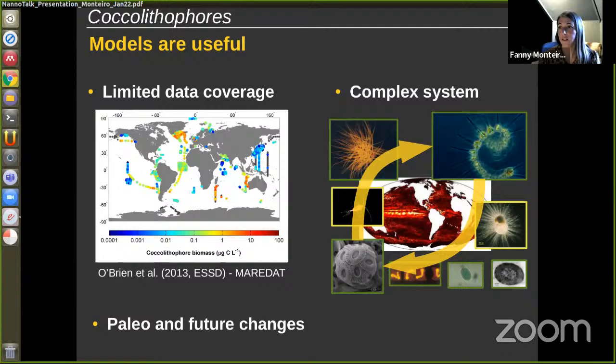So modeling is useful to get global estimates where we fill the gaps. They're also useful for paleo and future predictions, where we have even less data or no data. And models can also be used to understand the mechanism behind something or test hypotheses when we have complex systems like the marine ecosystem, where you have thousands of organisms interacting with each other in a very complex, dynamic ocean current flow.